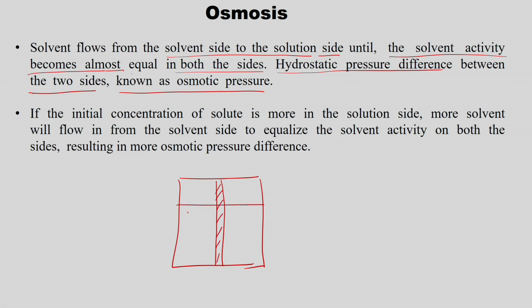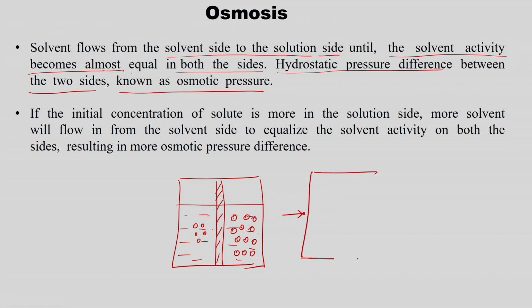Initially on one side the solvent is there, and on the other side there is a solution with solute molecules as well as solvent. The semi permeable membrane permits the solvent molecules to flow from the higher concentration to lower concentration.